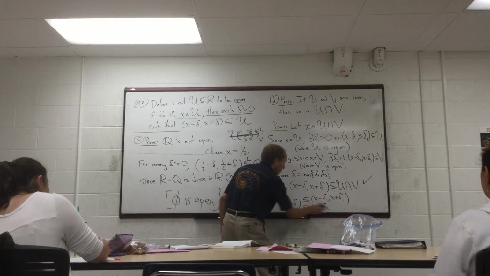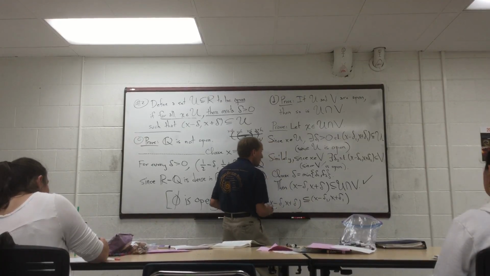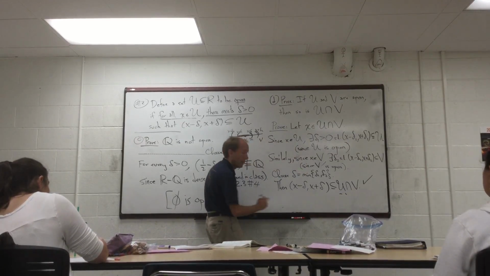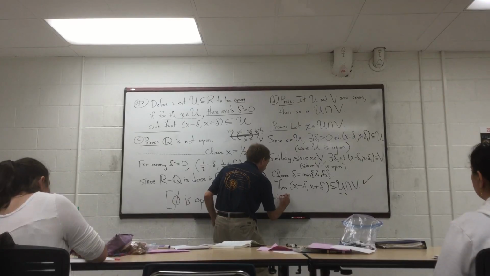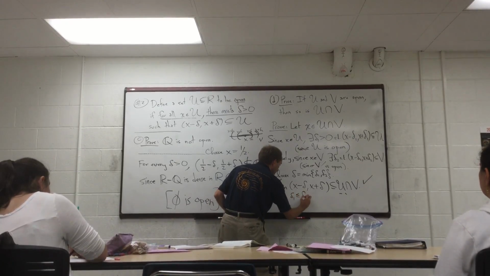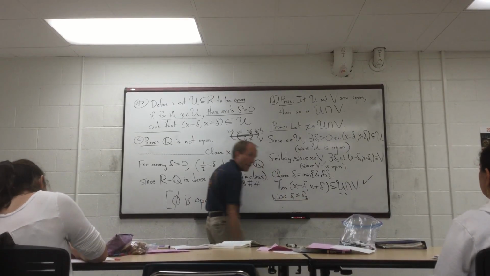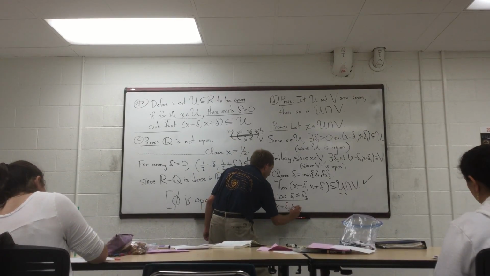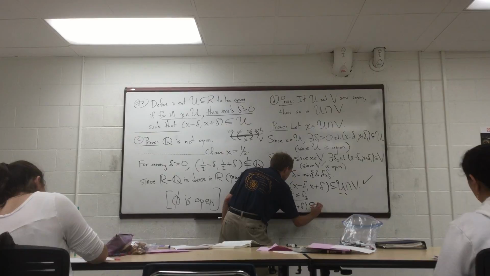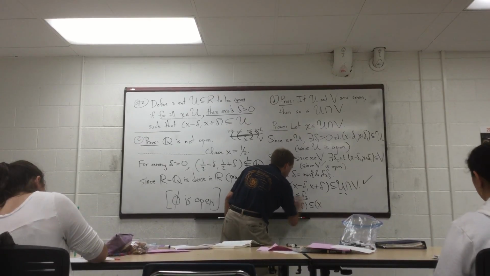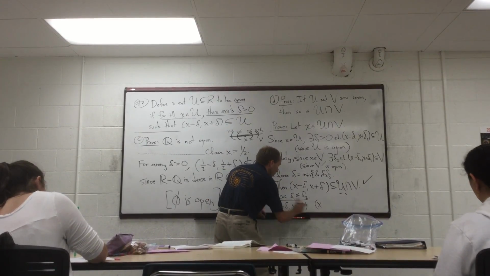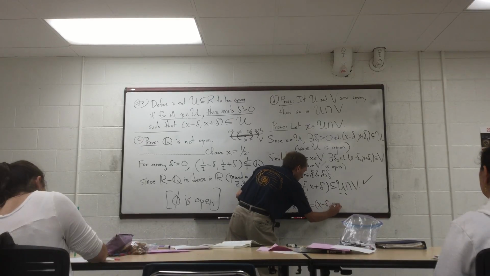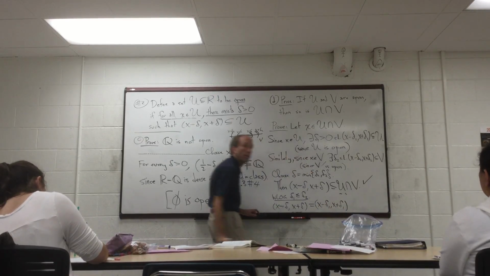To prove this, you could just say, without loss of generality, delta 1 is less than or equal to delta 2. You could just take that as a given. Now, x minus delta to x plus delta equals x minus delta 1 to x plus delta 1.